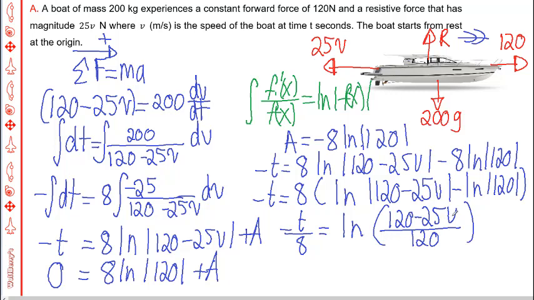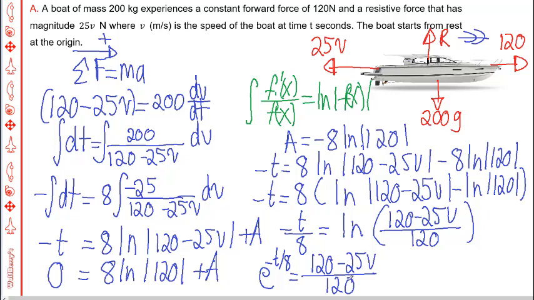Now, in order to make v the subject, what you must do is use the exponential law. So the exponential law states that e to the power of all of this here is equal to everything next to the ln. That's the easiest way to remember it. Divided by 120.